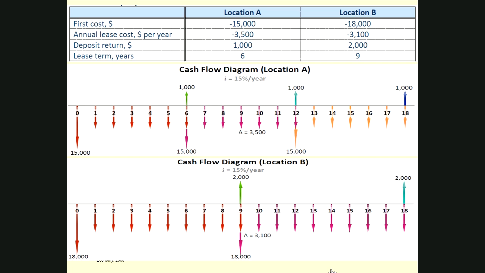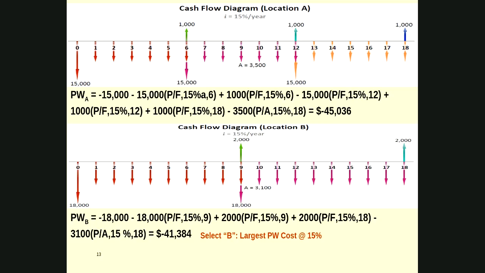So let's see the formulation for each alternative. The alternatives here were not considering the subtraction I mentioned, but you can do it. For example, the minus 15,000 and the plus 1,000, you can subtract them and have minus 14,000 P given F for 15% and 6 years.